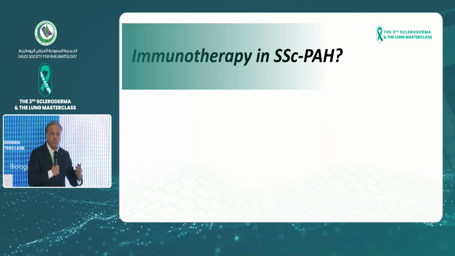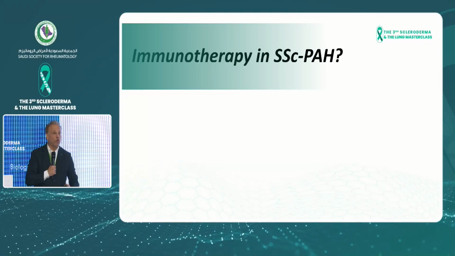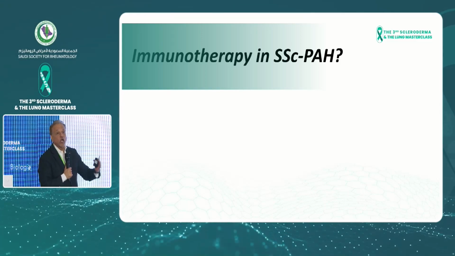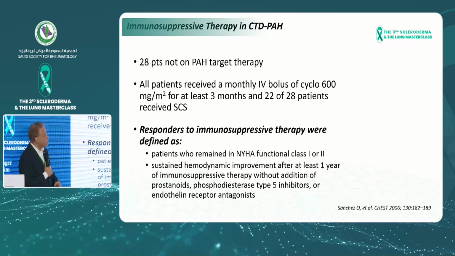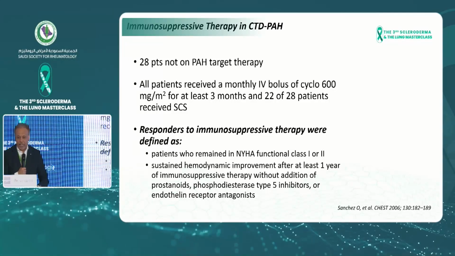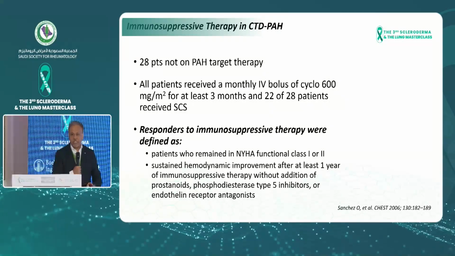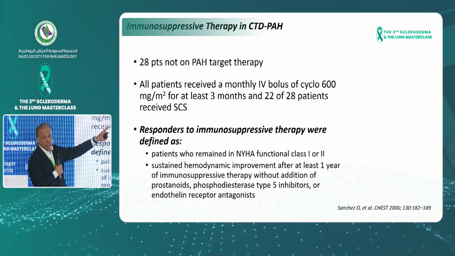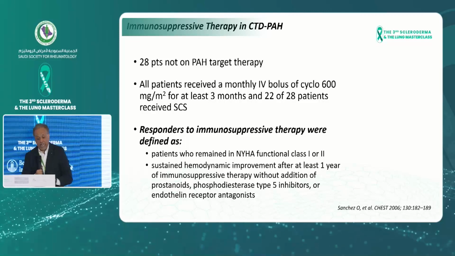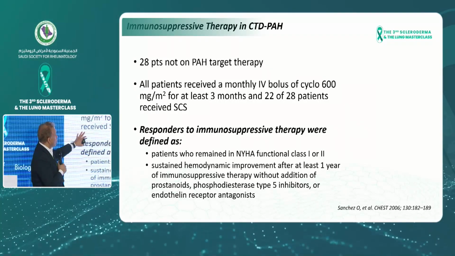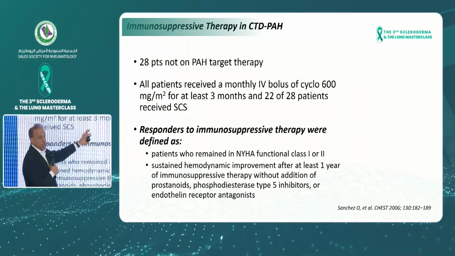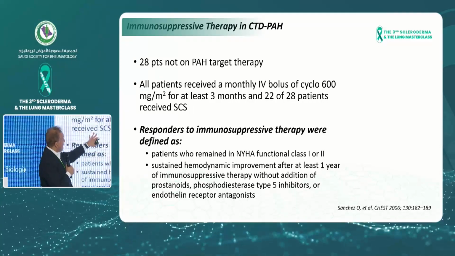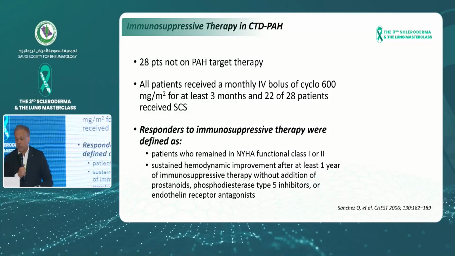There was always a question about immunotherapy. Should we use immunosuppression as we do when it comes to ILD, where we use a lot of immunosuppression with antifibrotic treatment? People tried to look at that, but there is not much data about this in scleroderma. They looked at 28 patients with PH, some of whom received cyclophosphamide, at least 3 doses, and some even a systemic steroid.